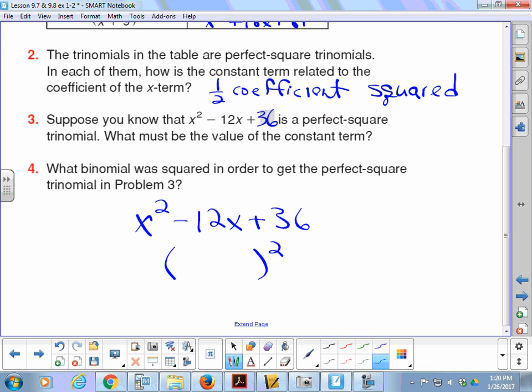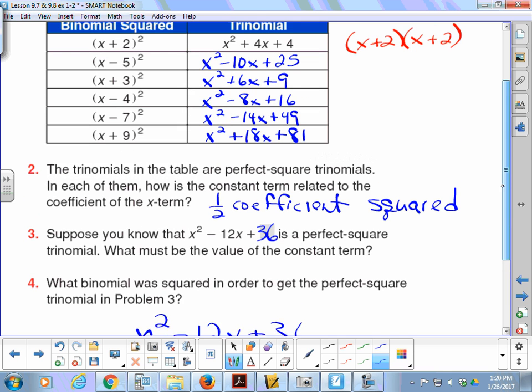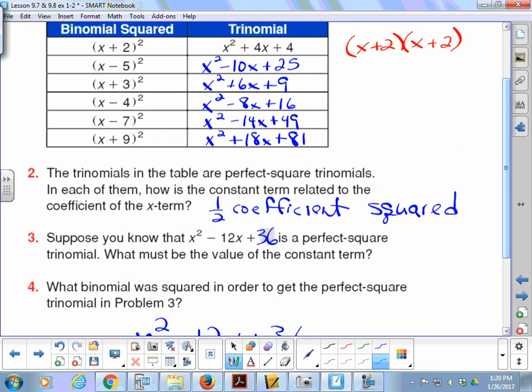All right, so let's go back up here for a second. Look at these. X squared minus 10x plus 25 was x minus 5. X squared plus 6x plus 9 was x plus 3. X squared minus 8x plus 16 was x minus 4. Did you get the 36 here? Okay. All right, and what did you do to get 36?